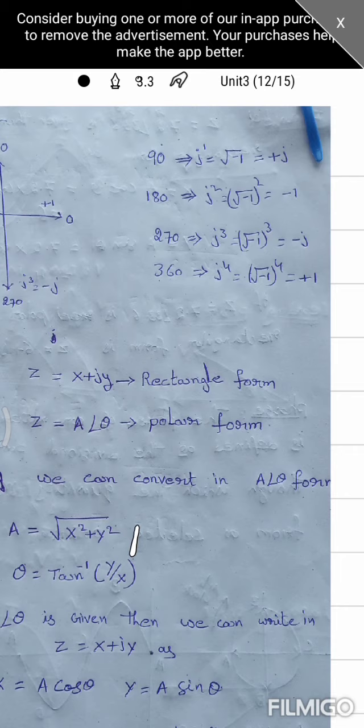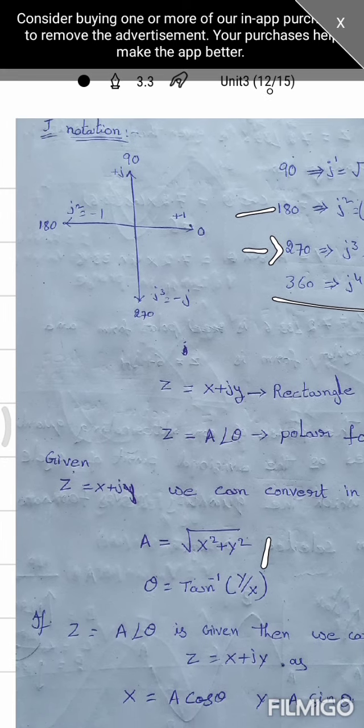J power minus 1 indicates plus J, and J square indicates root of minus 1 whole square, that is equal to minus 1, and J cube indicates J power 3, that means minus J, and J power 4 is equal to root of minus 1 whole power 4, that is equal to plus 1.